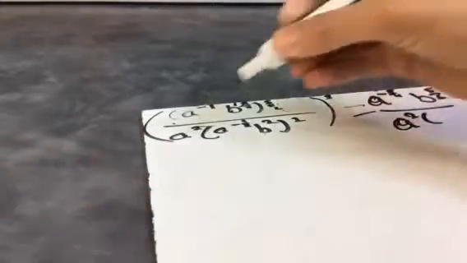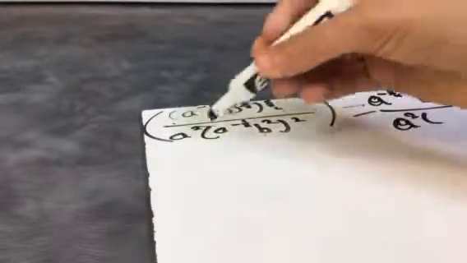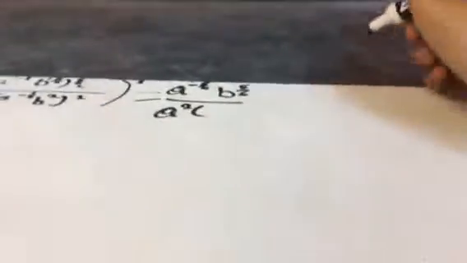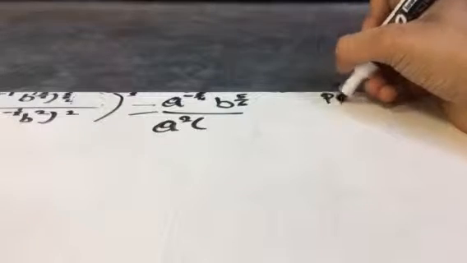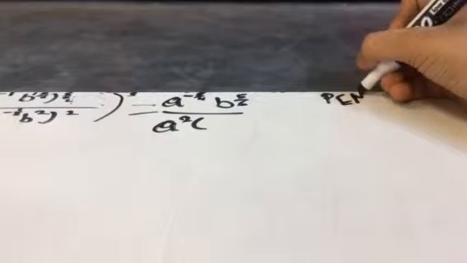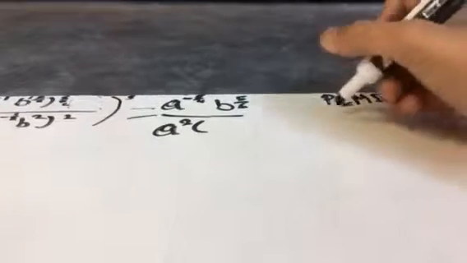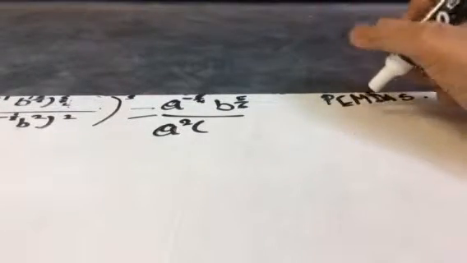Since this is a 2/3 and 5/4, you can simplify this into 5/6 all over a squared, and you first want to multiply through this. Instead of multiplying, you can just use the rule of PEMDAS. You probably know what PEMDAS is.